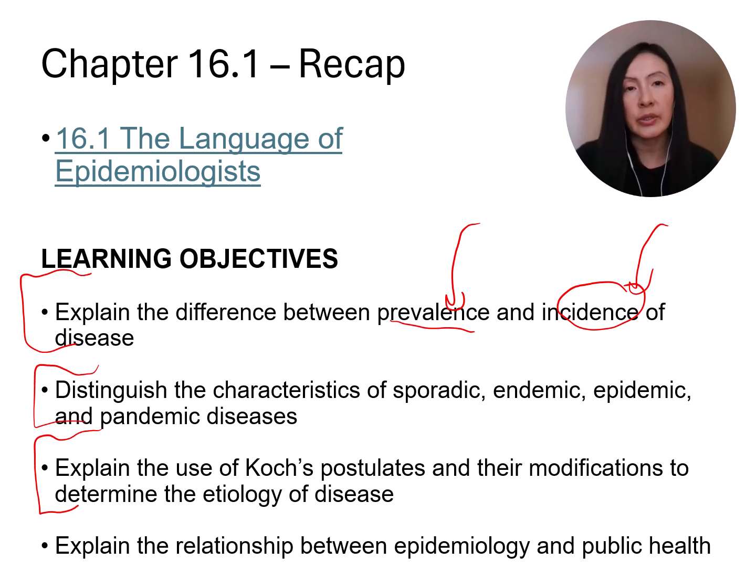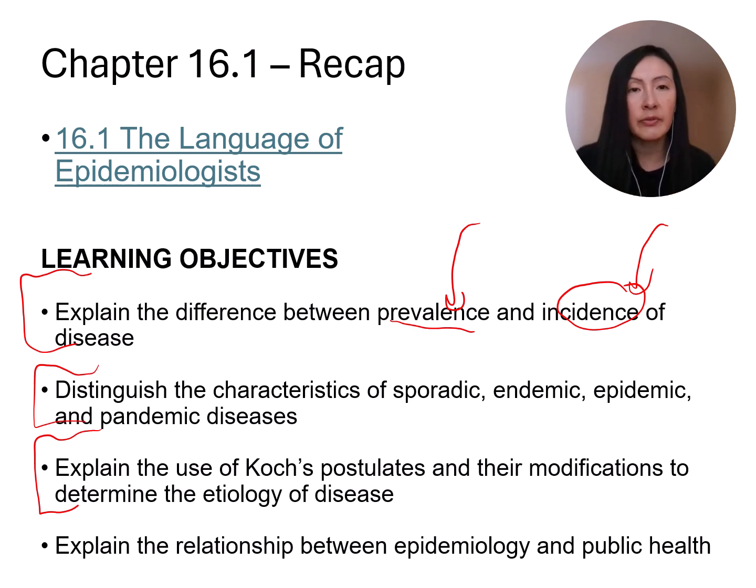So this included 1, the suspected pathogen must be present in all cases of the disease, but absent in healthy individuals. Then we had to isolate and grow the pathogen in pure culture. Then we had to take that cultured pathogen and make sure it causes the same disease when introduced into a healthy host. And then the same pathogen has to be re-isolated from that newly infected host.